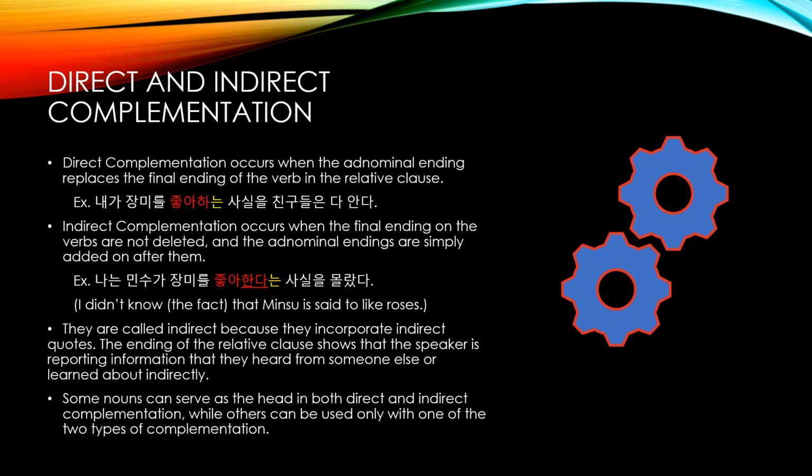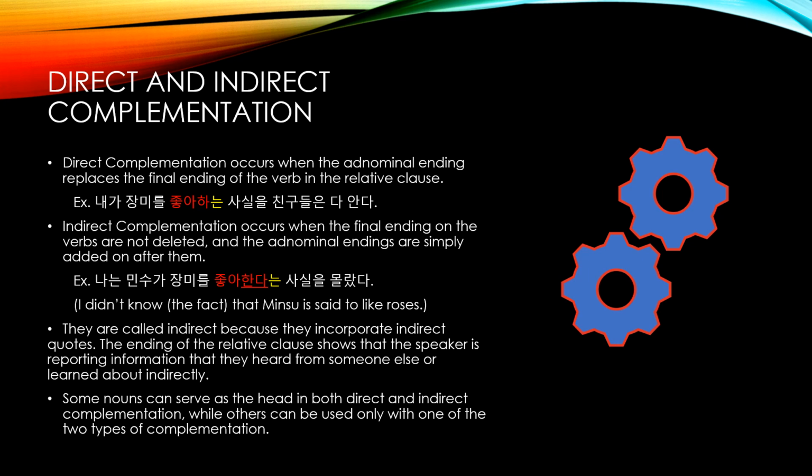Indirect complementation occurs when the final ending on the verbs are not deleted and the adnominal endings are simply added on after them. So in this example, 나는 민수가 장미를 좋아한다는 사실을 몰랐다, you see the verb 좋아한다, the verb ending is not cut off.